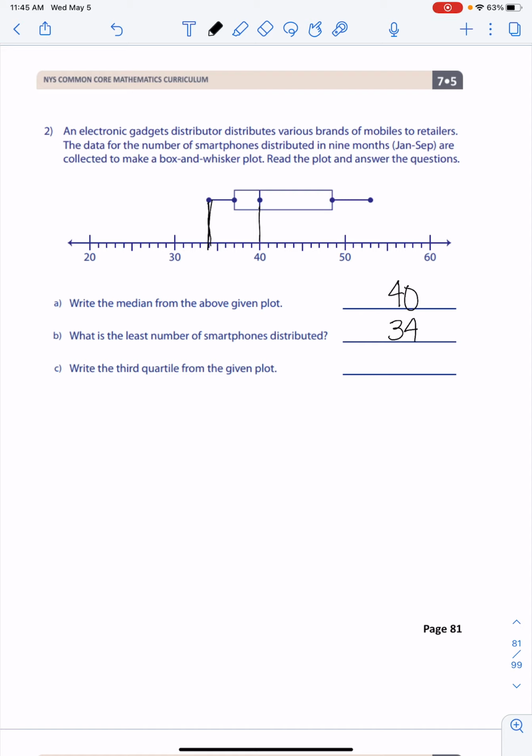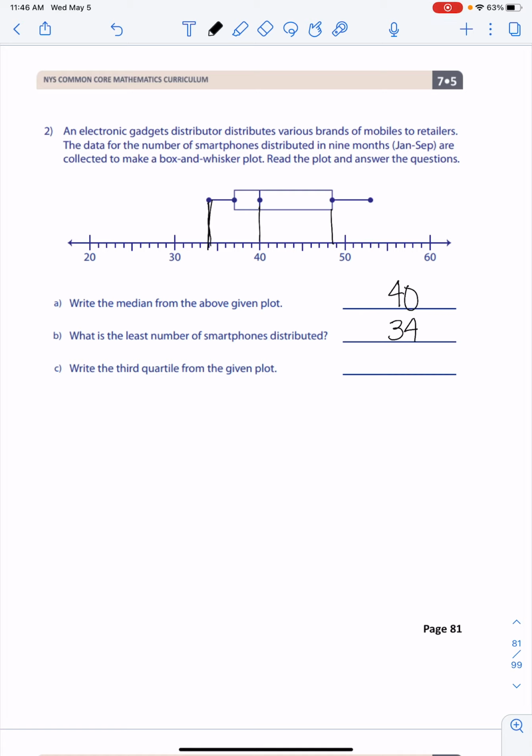And then it says, write the third quartile from the given plot. Well, remember, this is the third one right here. If I bring that one down the way I should, because it matters, that goes right in between.